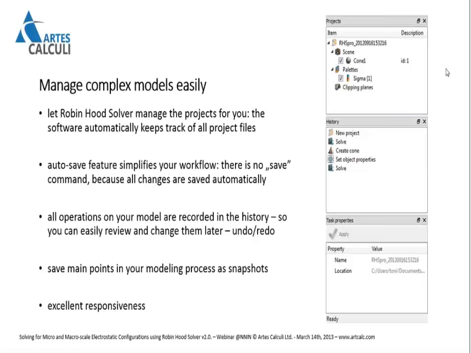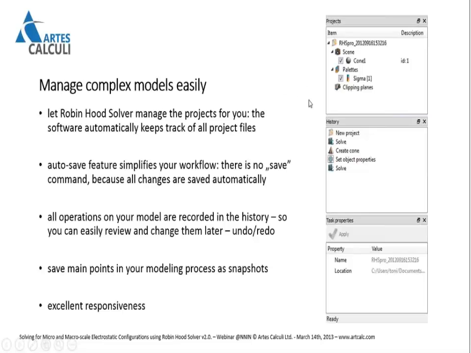You can also save the main points in your modeling process as snapshots. Snapshots are saved states of your project, so you can go back to various branches and various states that had existed before.